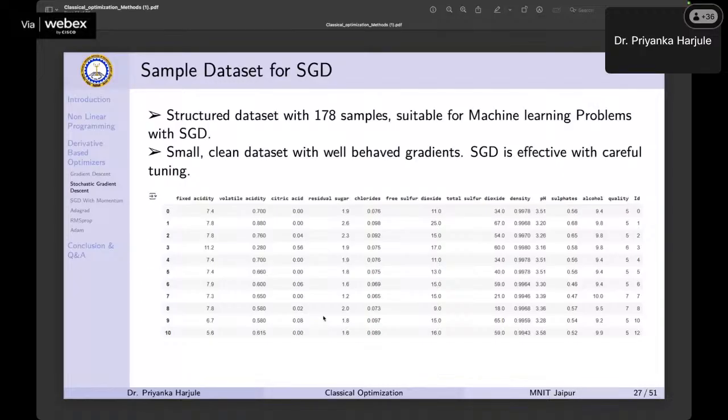Or it may be very slow on those kinds of loss functions which are a bit complex, or on data sets which do not have well-behaved gradients. Okay, so the problem of slow convergence is taken care of in momentum. That is, there is something called stochastic gradient descent with momentum.